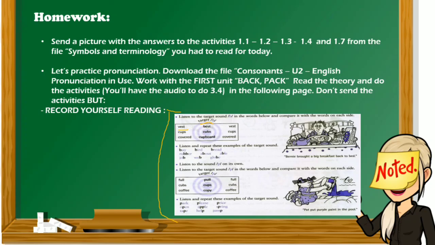So you say vest, and here there is an explosion, and you are going to use both your lips. Vest, vest. I should notice a difference between vest and vest. Caps. Covered, cupboard, covered.